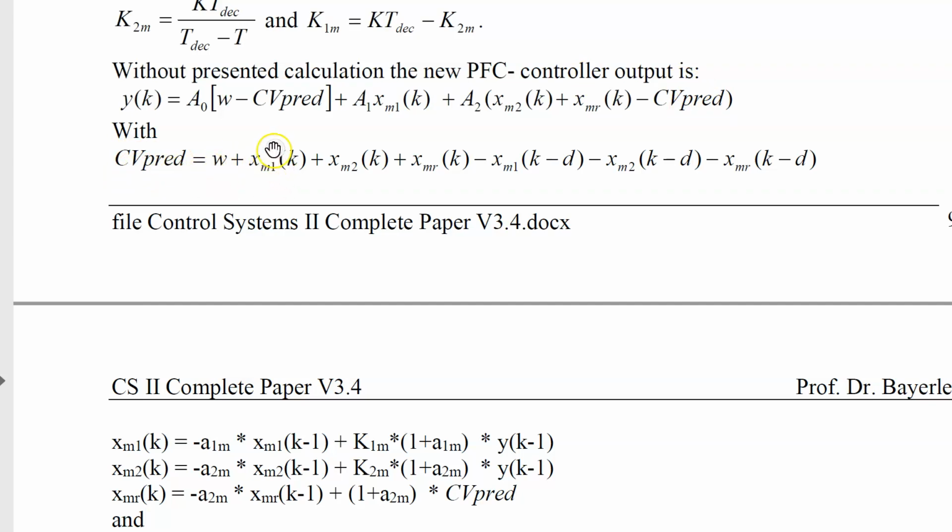Desired value, process model outputs 1, 2, 3, negative 1, 2, 3, but now delayed. So this is just again including the Smith predictor trick, with a delay of your process.